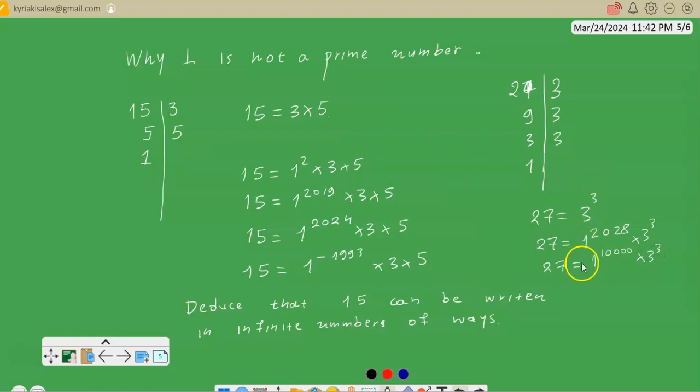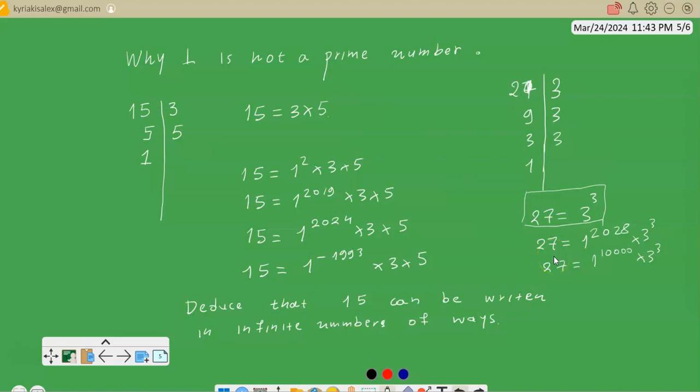So there is an infinite number of ways that you can write 27, and this means that you cannot write it in a unique representation. In other words, if you include 1 in any power times this number here, you can get an infinite number of ways to write 27.